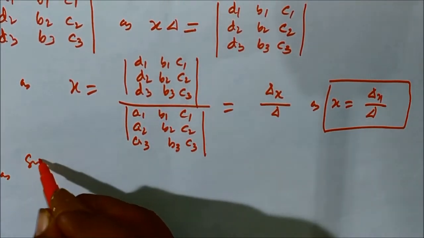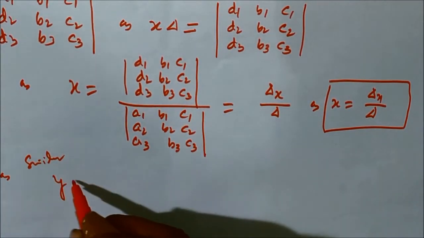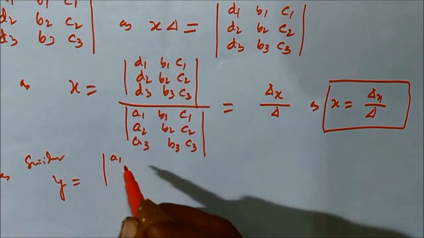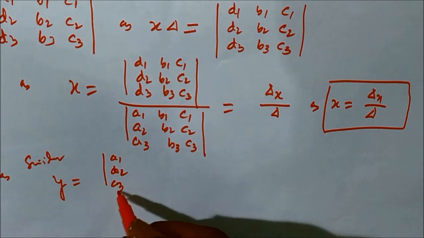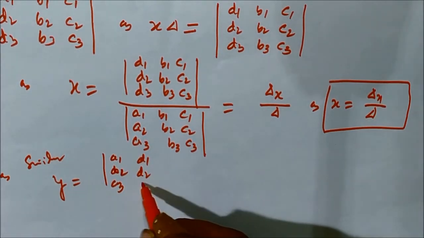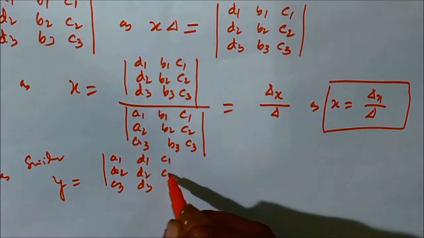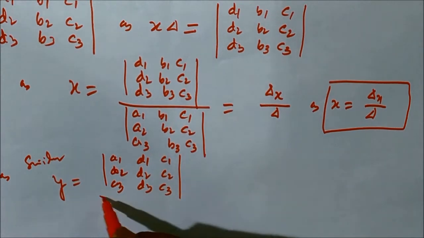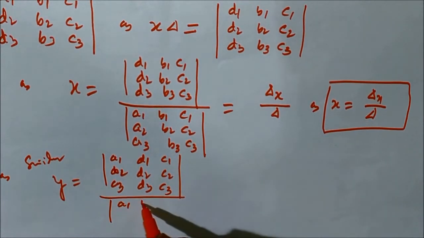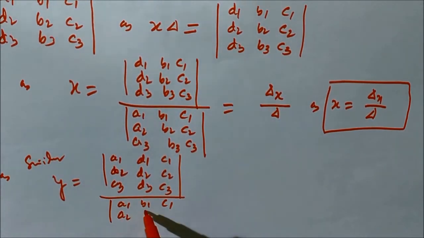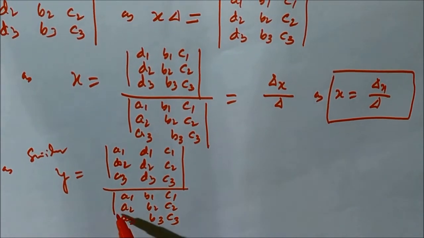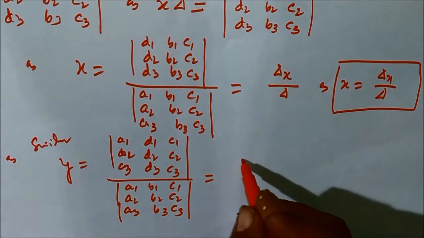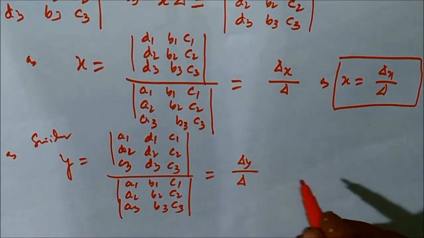Similarly, y equals the determinant a1, a2, a3, d1, d2, d3, c1, c2, c3 divided by the coefficient determinant a1, b1, c1, a2, b2, c2, a3, b3, c3, and this equals delta y by delta.